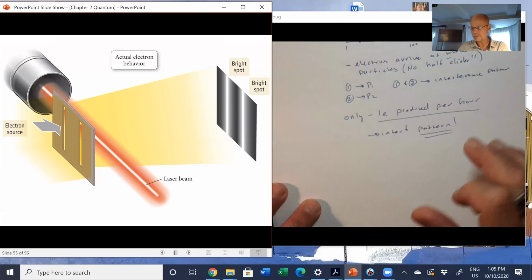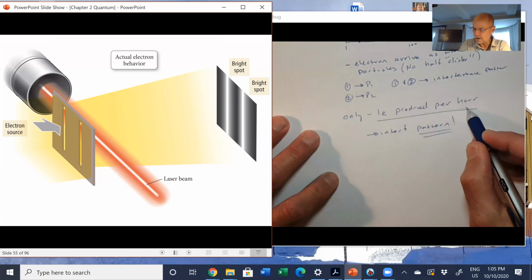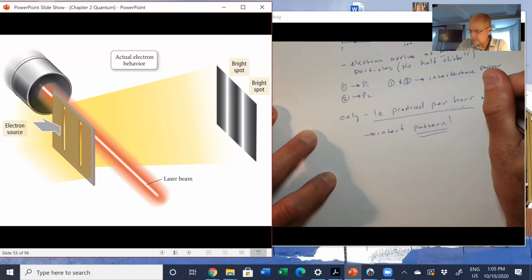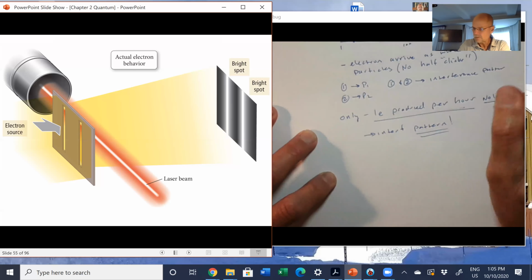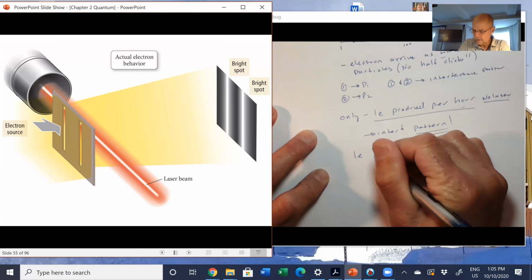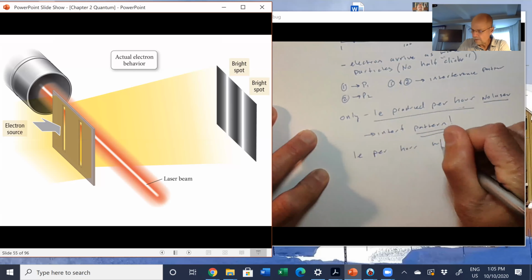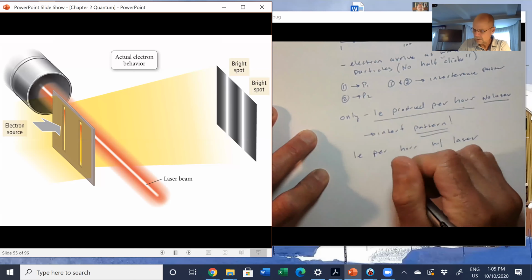So let me just summarize that for you. Only if we have 1 electron produced per hour with no laser, we get an interference pattern. But if we have 1 electron per hour with laser, no interference pattern.